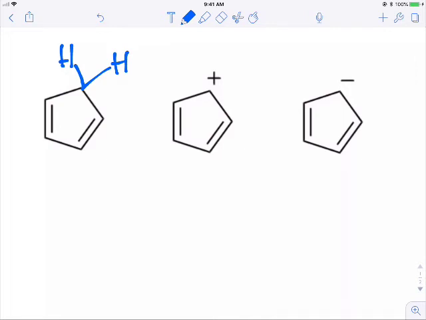In the second structure, there's only 1 hydrogen, right? Remember that carbon with a positive charge has 3 bonds with no lone pairs. And the structure on the right, same thing. We've got 1 hydrogen, except that carbon with a negative charge is 3 bonds with a lone pair.